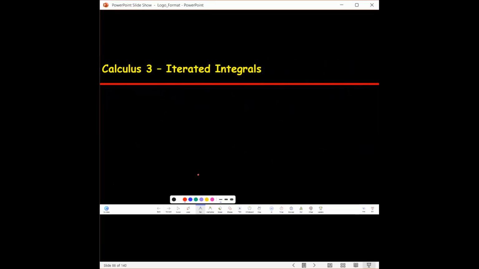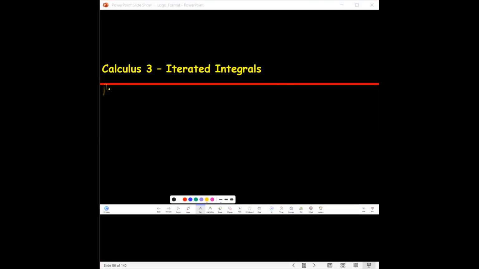Okay, now we're going to be talking about a little bit more difficult example. Let's take a look at another problem. So the problem is, we need to find the area of the region.